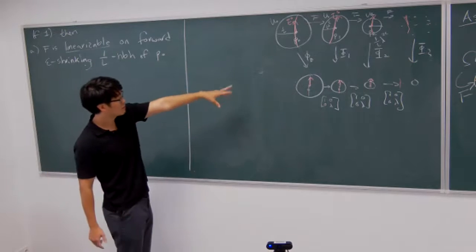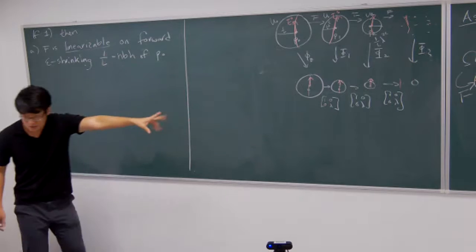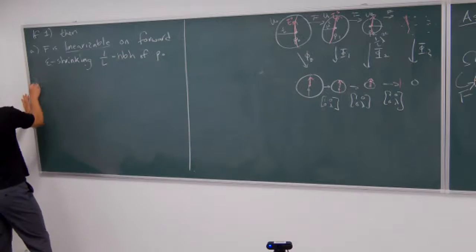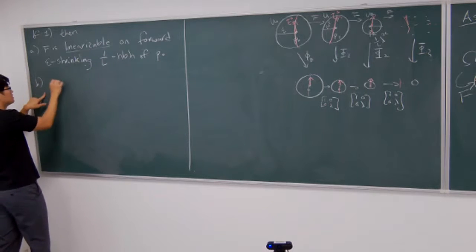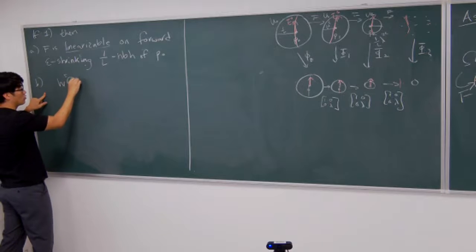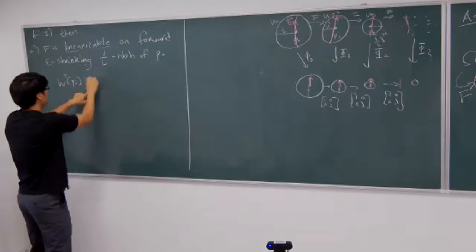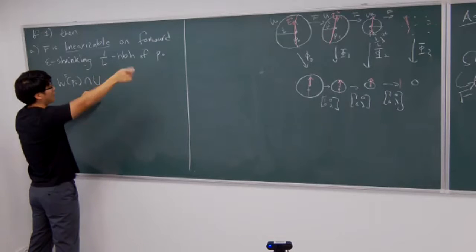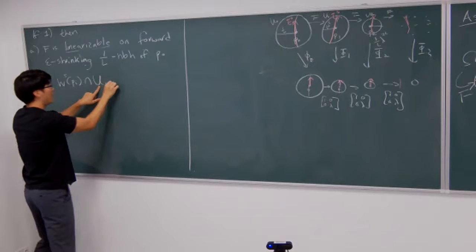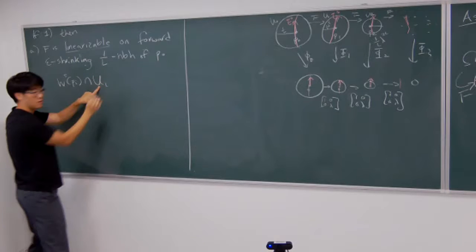Okay, but let's go back to this. So it's linearizable in this sense, and as Felix pointed out, the stable manifold of the orbit point intersected with this epsilon shrinking ball is going to be just equal to the pre-image of the y-axis.